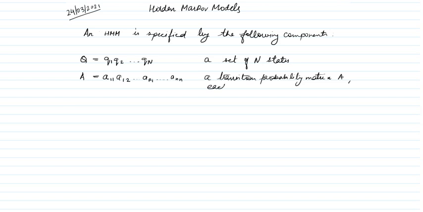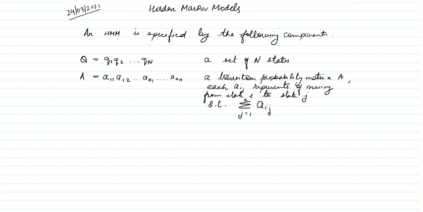So each Aij represents the probability of moving from state i to state j, such that the summation over j equal to 1 to n of Aij is equal to 1 for all i.